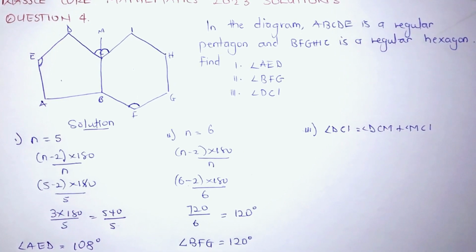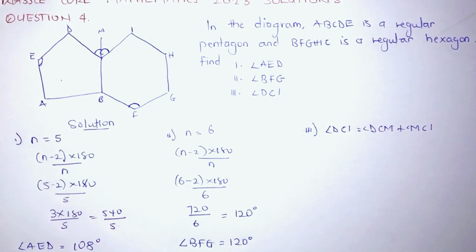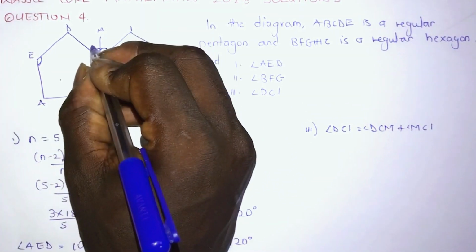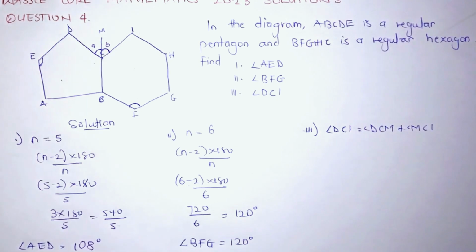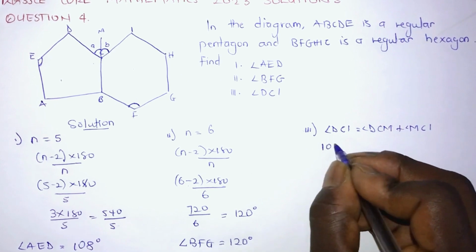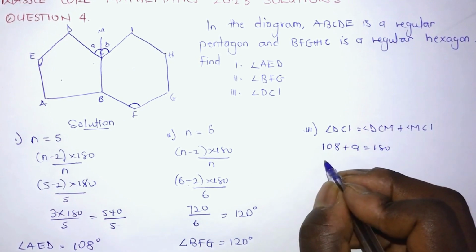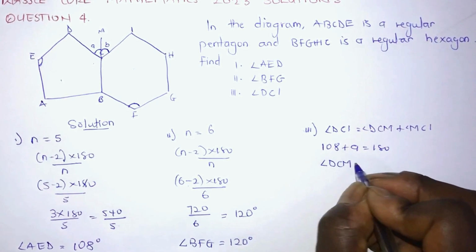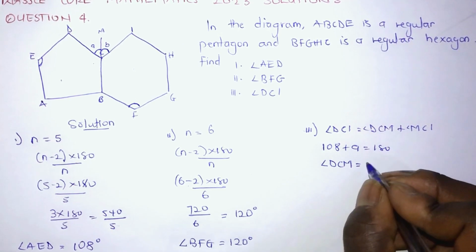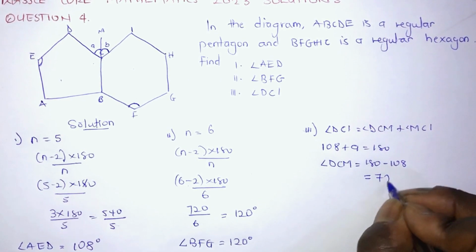Now, we also know that the interior angle and the exterior angle of a regular polygon sum up to 180. So if I have 108 here, let me put small a and small b. Then I can say that 108 plus the small a should give me 180 degrees, and angle DCM will be equal to a. So we are going to get 180 minus 108, which is equal to 72 degrees.